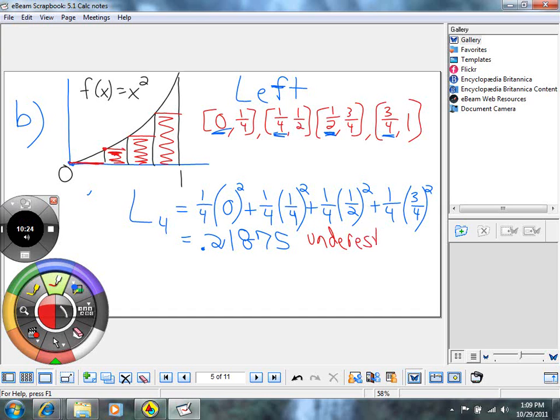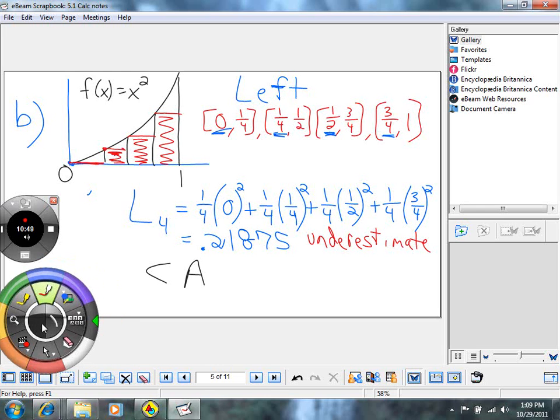So what we can do is we could average the two, because we know that the right answer is somewhere in between there. Underestimate. Okay. So we know that our actual area is right in between those two.